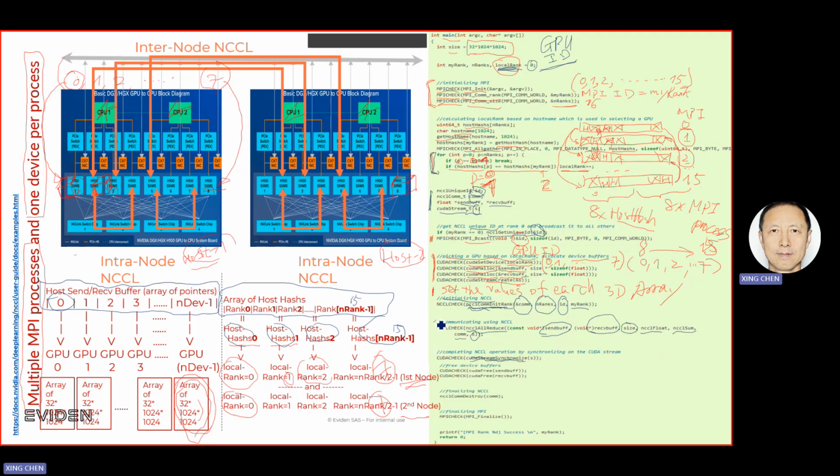And after these two lines of code, your all reduce communication is supposed to have successfully finished without any error, if no errors come out from the system.